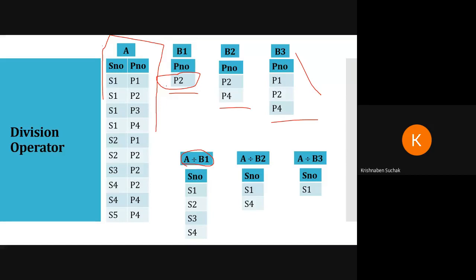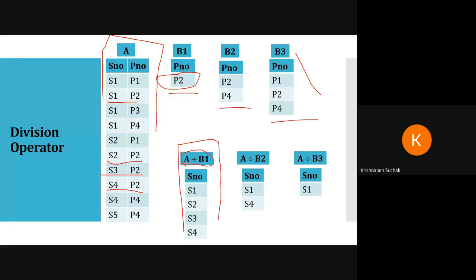That is S1, because S1 has P2, then S2 because S2 also has P2, S3 because S3 also has P2, and S4, which also has P2. So such records will be displayed in the division operator. This is our answer for A divided by B1.